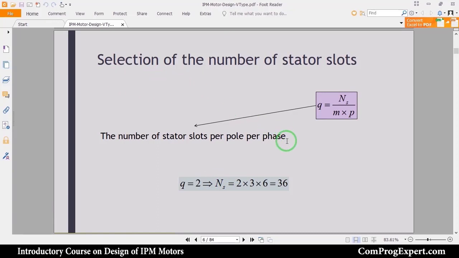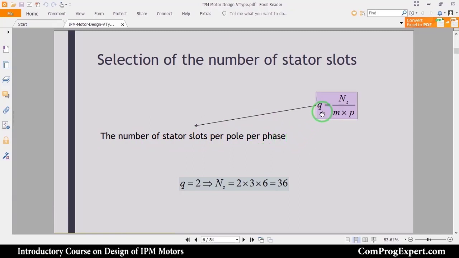The next decision is a decision about the number of stator slots. We have a variable named Q there that is equal to the number of stator slots divided by M times P. M is the number of phases, and Q is actually the number of stator slots per pole per phase.